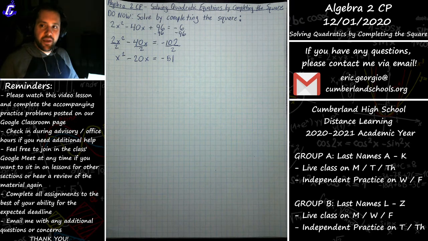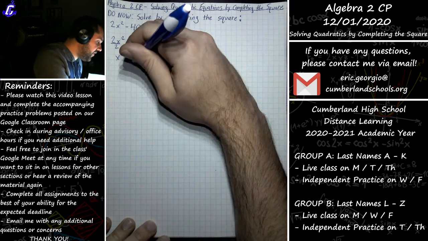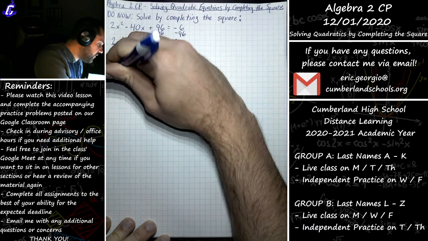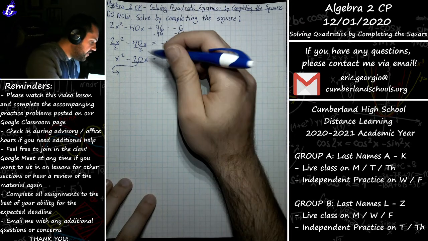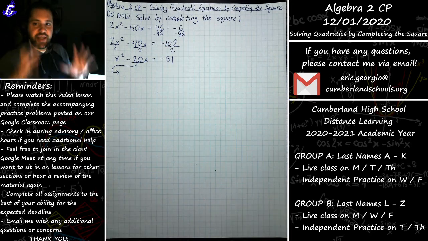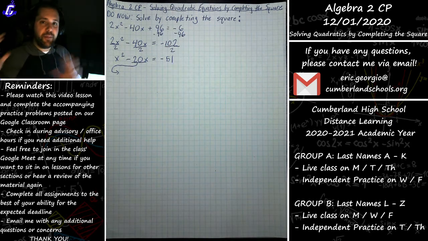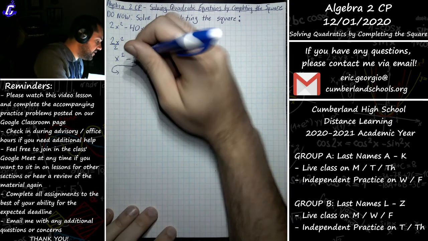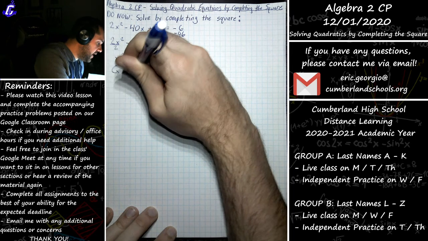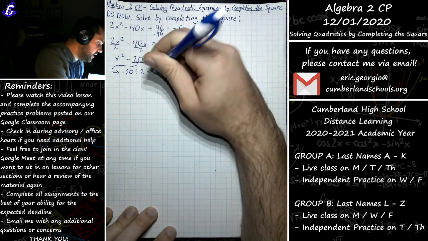Going forward from here is when we do a little bit of math off to the side. If you remember from yesterday, we do this math off to the side in order to make this number show up that's going to result in factoring down to a matching pair. Okay, so how do I do that? Well, I take this negative 20, I divide it by 2, and I get negative 10.